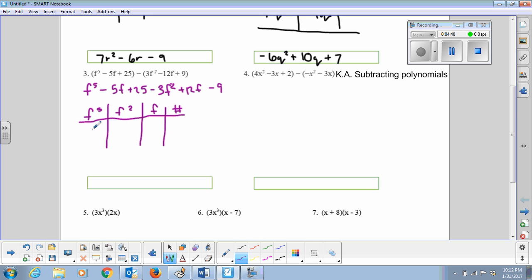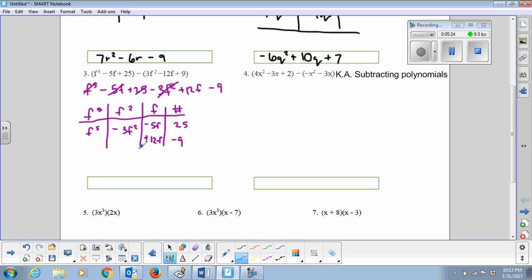So we just have f to the power 5 in that first group. Negative 5f goes over here. 25 goes in numbers. Negative 3f squared goes into that second column. And then we have positive 12f in that third column and negative 9 in the last one.